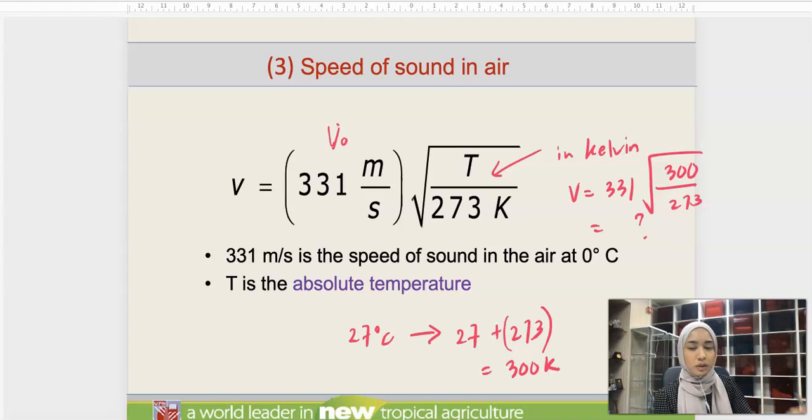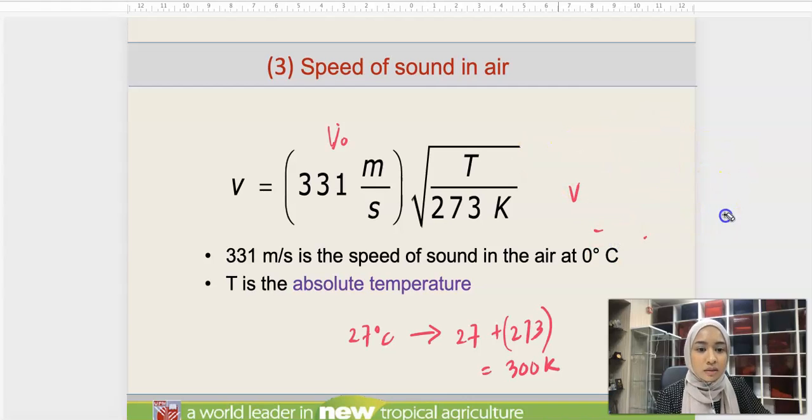Okay, so I'm going to go over this example again. What if I want to know the speed at 0 degrees? Here they said 331 is the speed of sound in the air at 0 degrees. What if I just want to use this equation for 0 degrees?